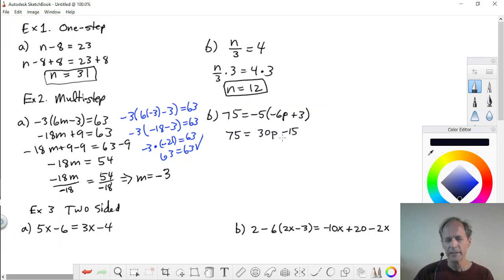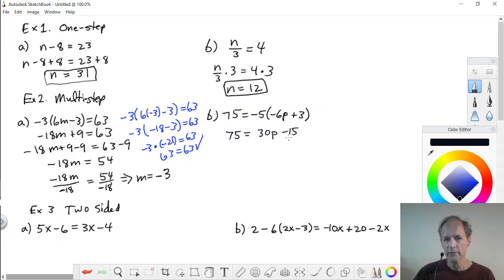Oh, I'm saying that backwards. We're not getting rid of the p. Sorry, getting rid of 30. You would have to divide the whole side by 30. Sorry about that. So we don't want to get rid of the 30. It's too much work.